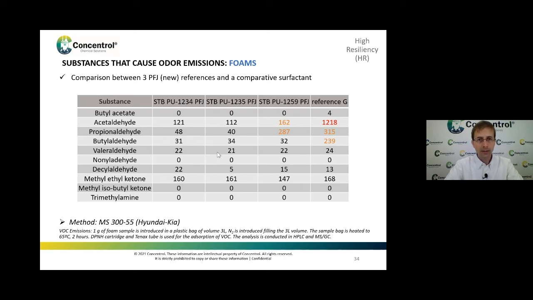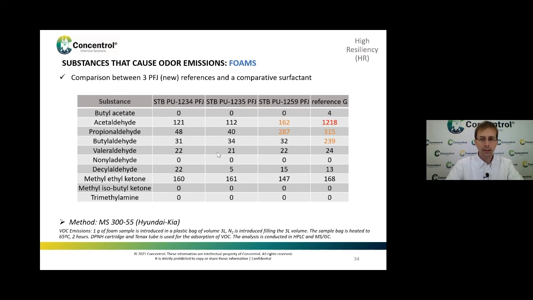We have highlighted in yellow the values that change when the surfactant is changed, so we can establish a relation between these 2 changes. We see that only acetaldehyde, propionaldehyde, and butyraldehyde have this behavior. Many other chemicals, although we change the silicone surfactant, have values that are more or less the same. So it means that these substances are not part of the silicone surfactants.